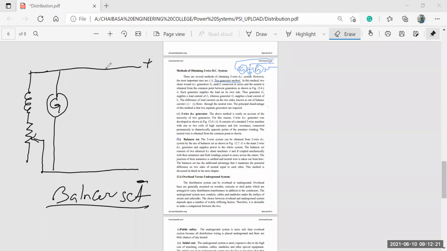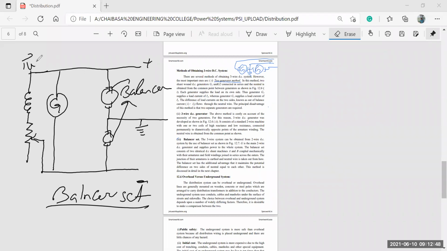How to add two balancers? We'll take this as one balancer, and it will be over here. These are your balancers. These particular ones are the balancers. These are the two-wire system. Initially it is your two-wire system.